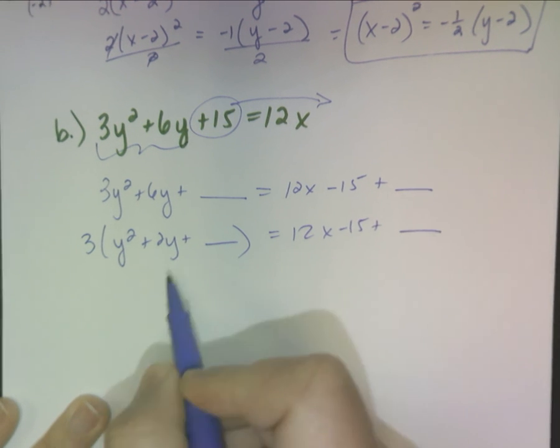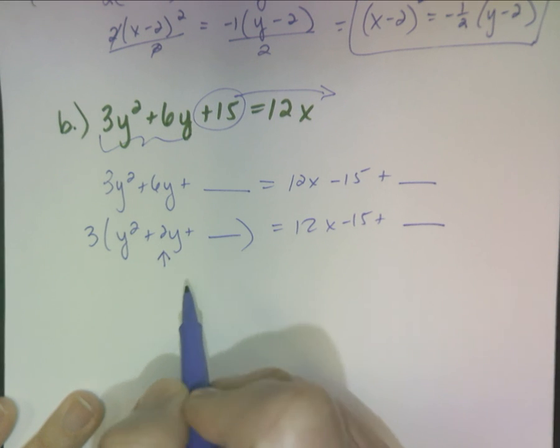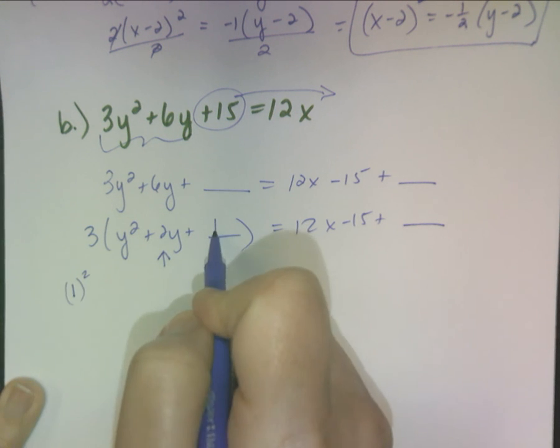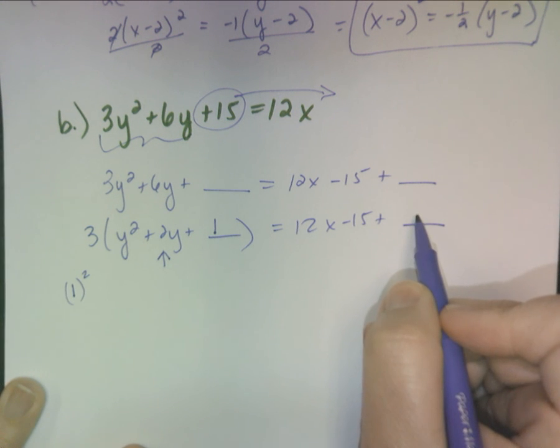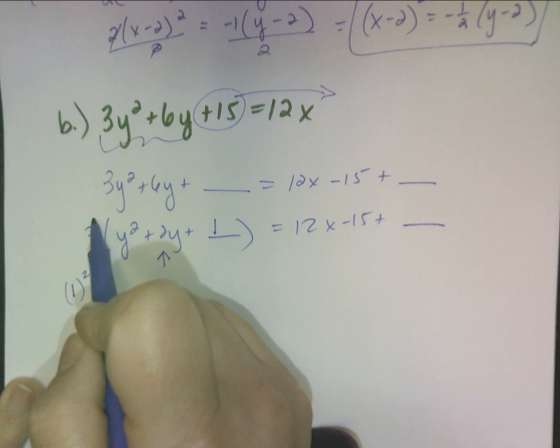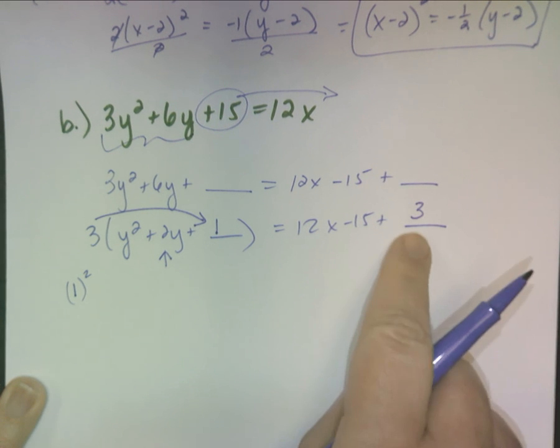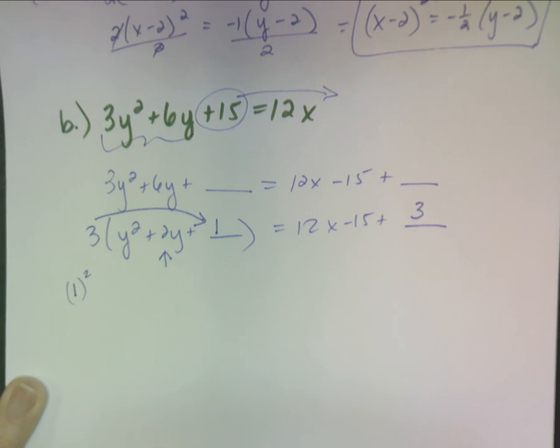Now complete your square. Take half of the middle, square it. Half of 2 is 1. 1 squared is 1. Do I put 1 here? No. I put 3.